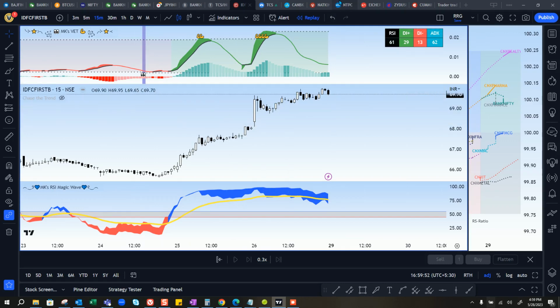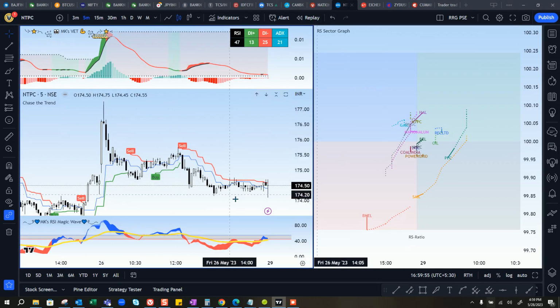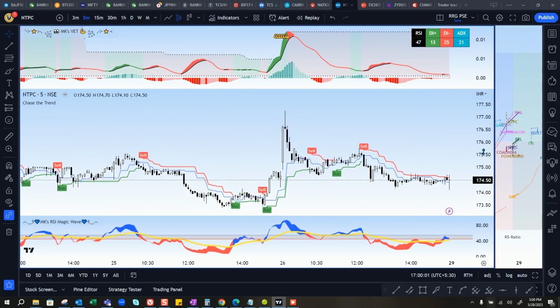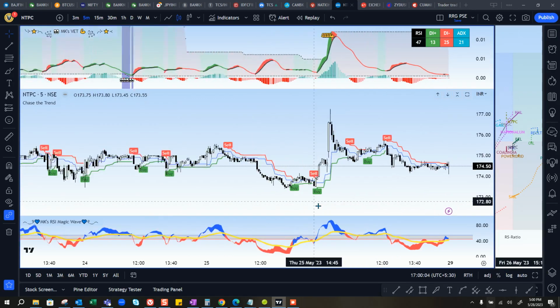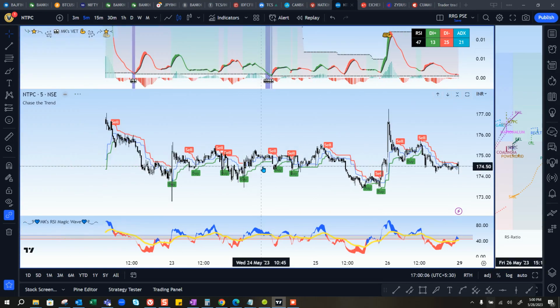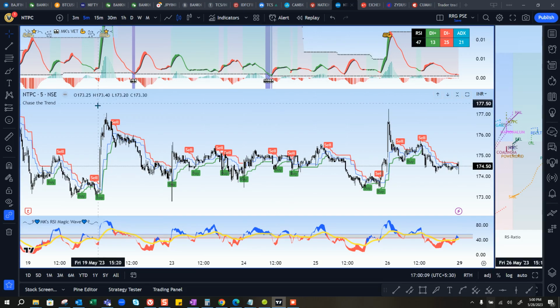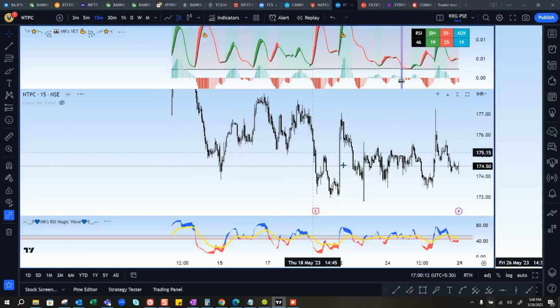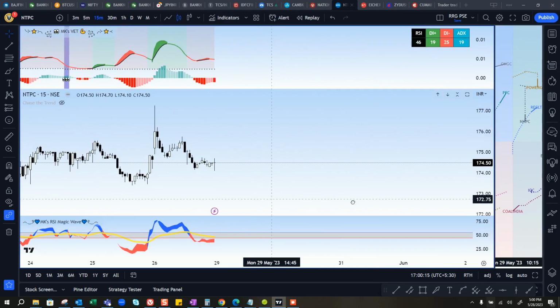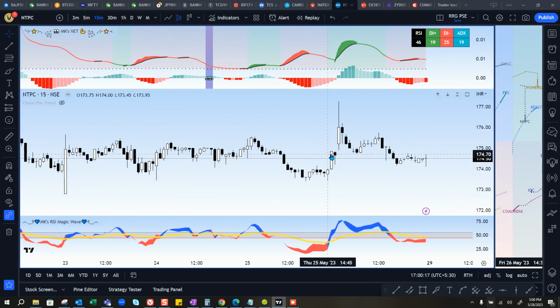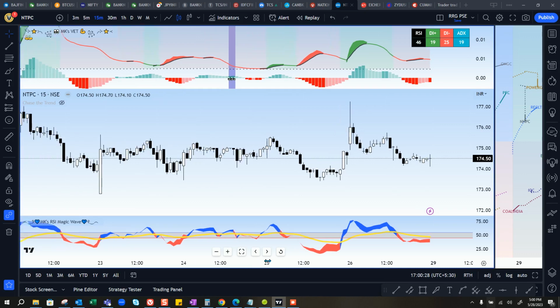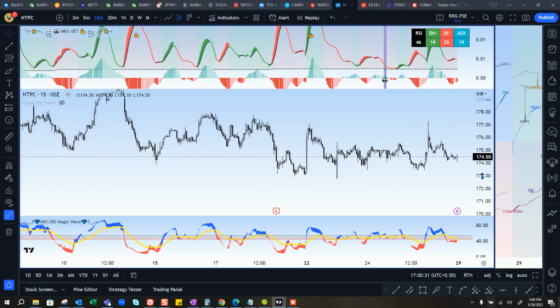Other than this, there were other stocks in PSU such as HAL, NTPC. A good learning point here: when NTPC and HAL come on radar, there has to be a certain price pattern as well. If we go to 15 minutes, we get this big candle, the very first 15-minute candle, so these will also come on our radar sometimes. Although it was metal that was coming in, public sector was coming too, so we would have been focused on NTPC and HAL, but price action wise there was no confirmation.